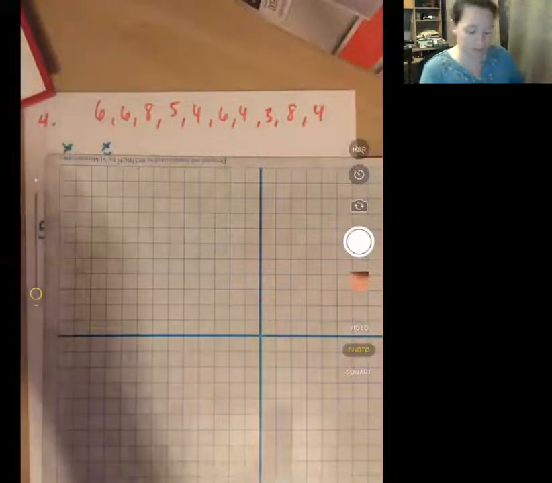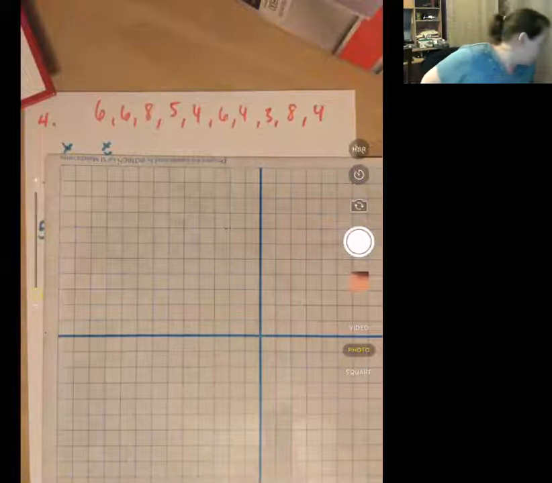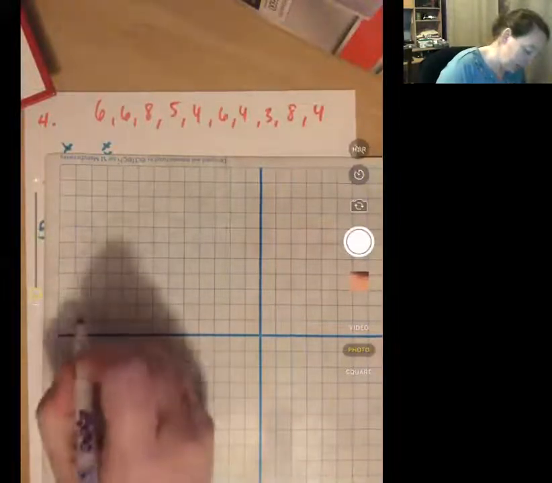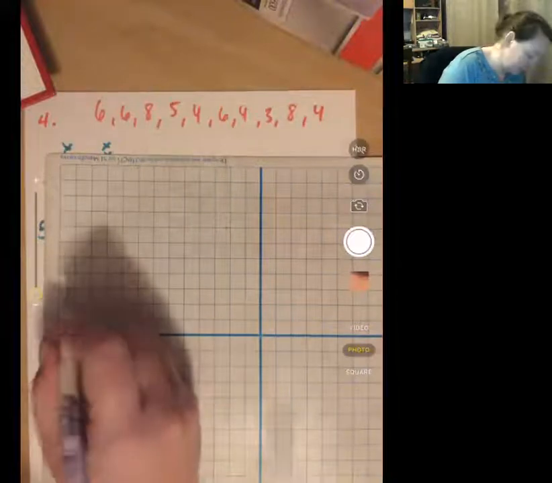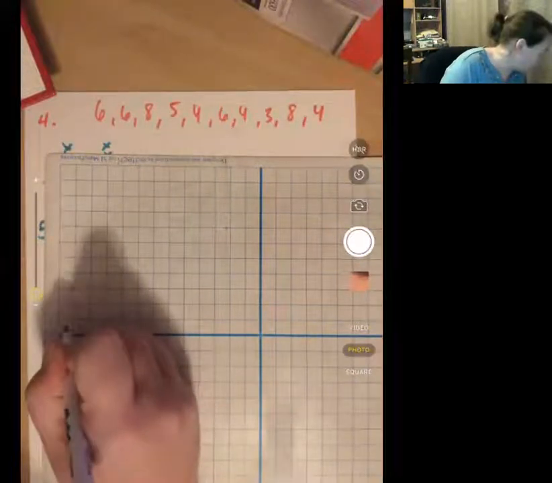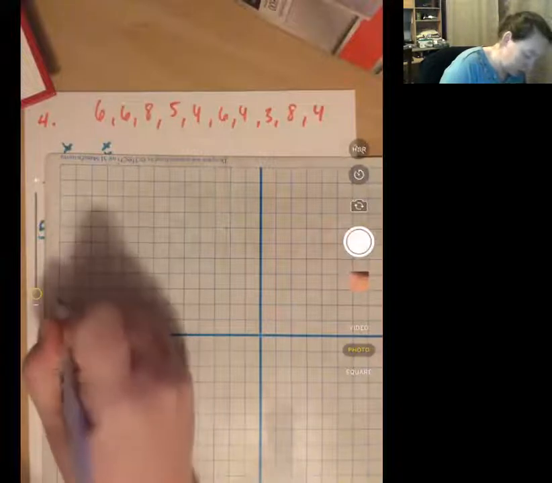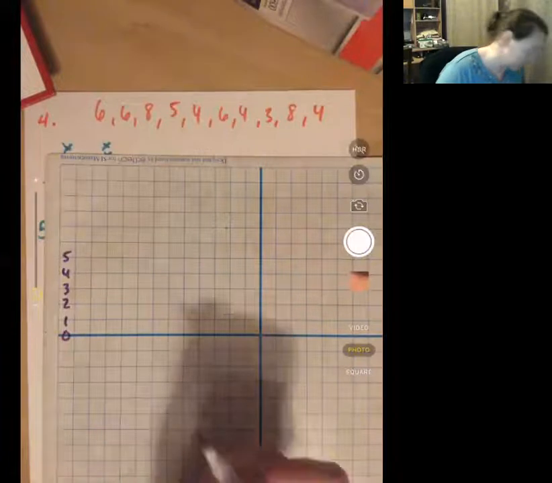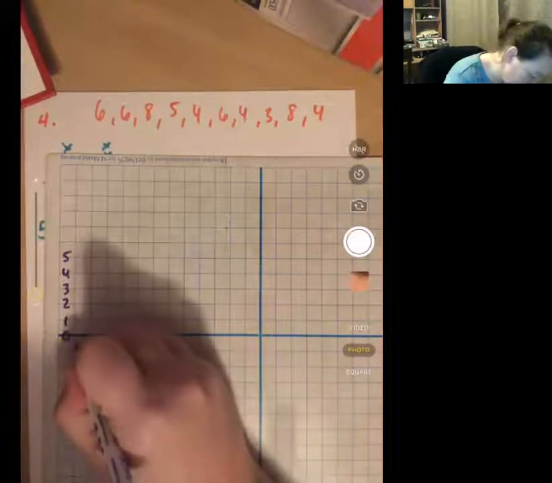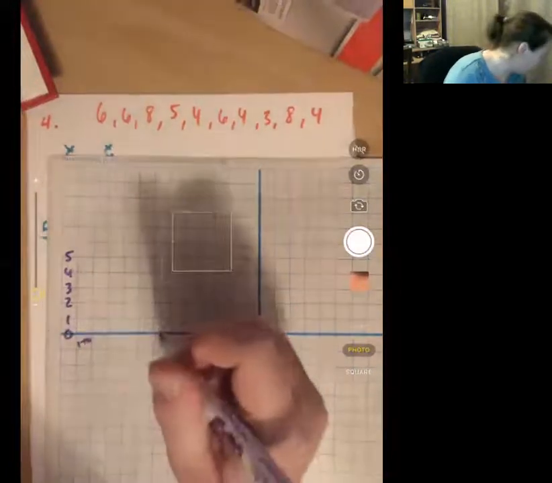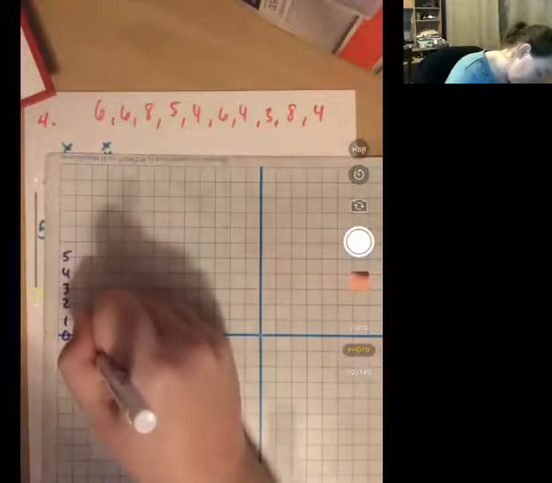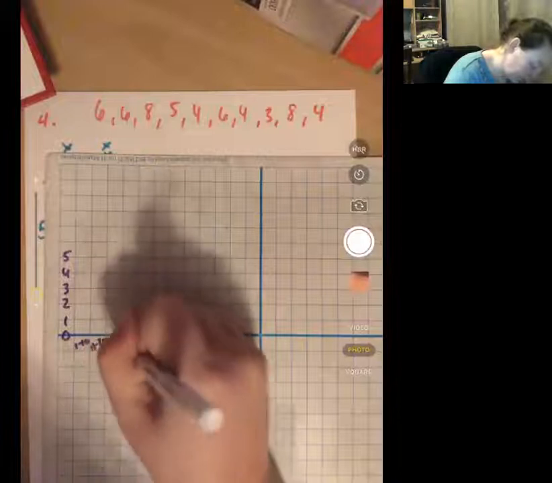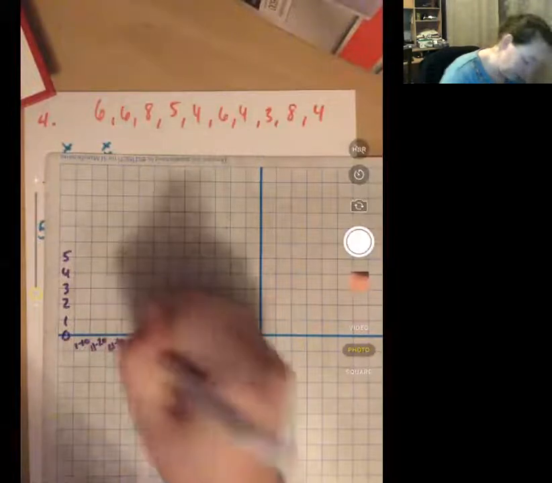So we have going up, we have 0, 1, 2, 3, 4, 5. First is 1 to 10. Then we have 11 to 20, 21 to 30, 31 to 40.